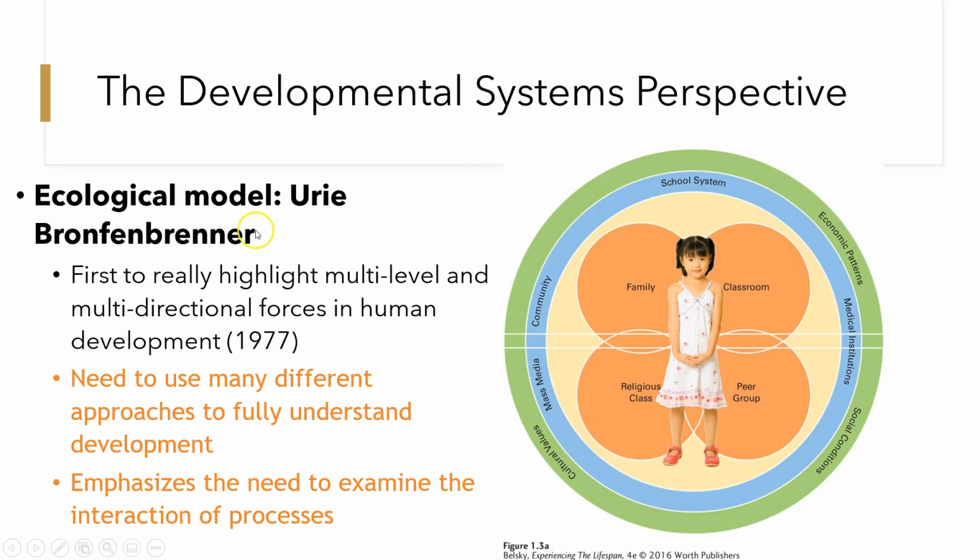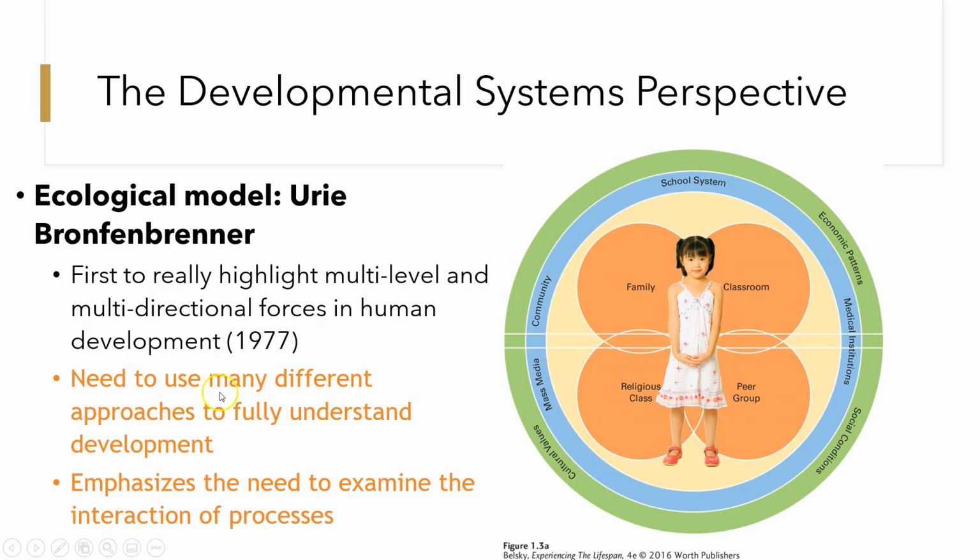And then we're heading back to this ecological model, the Bronfenbrenner approach, who was really the first to highlight that development really takes place through multi-level, multi-directional forces. So we have the child who's impacted by the family, the classroom, the peer group, the religious class, and then the mass media, community, school system, etc. And then even larger than that, the cultural values, the economic patterns, social conditions, all of this is interacting with the child, and the child is interacting in a bidirectional way with all of these systems.